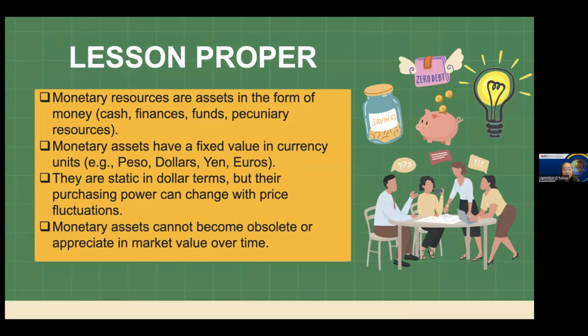For example, if you have 1,000 pesos in cash, its value in pesos will remain the same. However, if the price of rice or groceries goes up, that 1,000 may not buy as much as before, unlike land or, of course, gold, which can increase in value over time. Cash remains the same in peso, but it may lose value in terms of what it can actually buy.